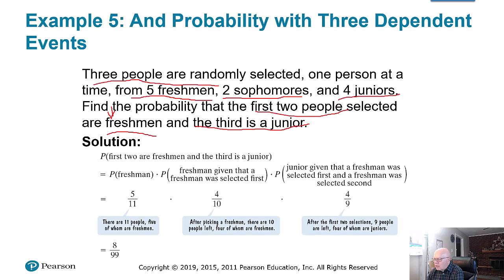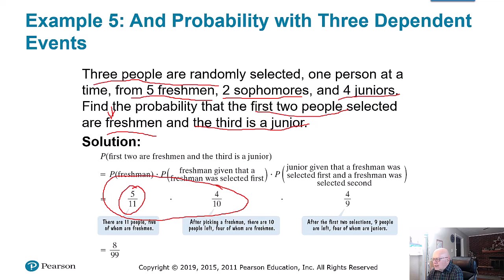First 2 are freshmen. Well, here's the probability of picking a freshman first. Remember that one of those freshmen is gone, so you only have 4 left, 10 total left. So here's your probability for getting the 2 freshmen. They're dependent. You're going to multiply those 2 together.